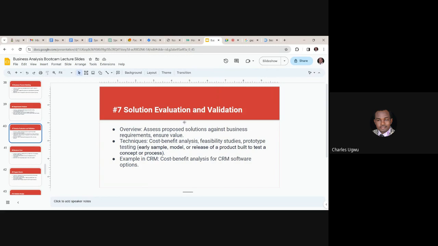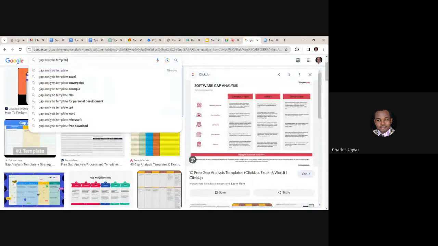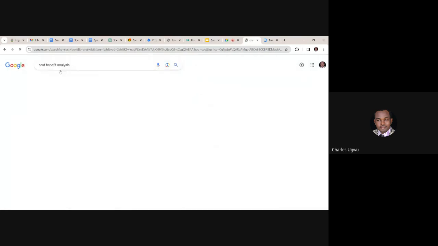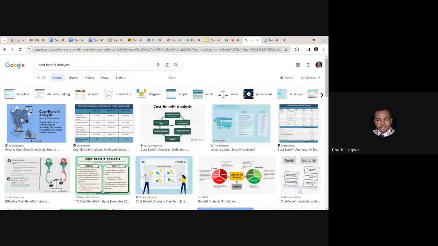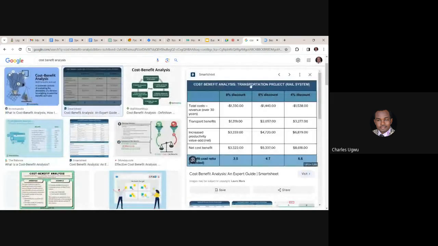Let me see if I can find a template for cost-benefit analysis. So, looking at this, you see cost-benefit analysis.